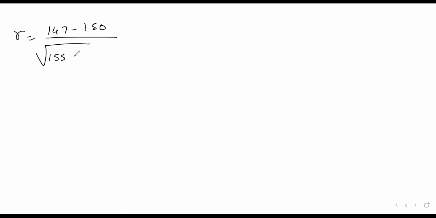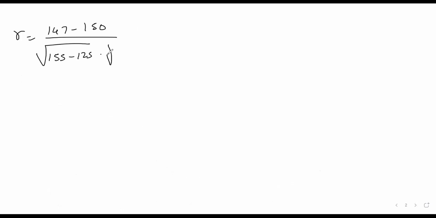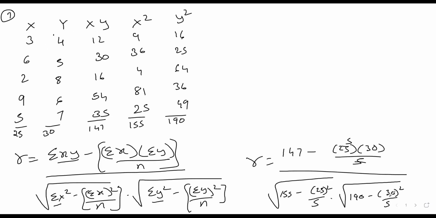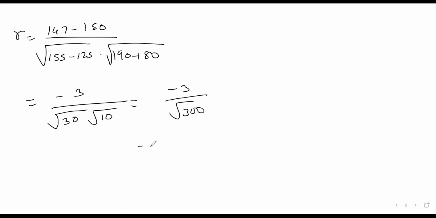This is under root 155 minus 25 square upon 5, so 125 will be the answer, into 190 minus 180, which is 10 times... So this will be minus 3 upon under root 300, that is minus 3 upon 10 root 3.